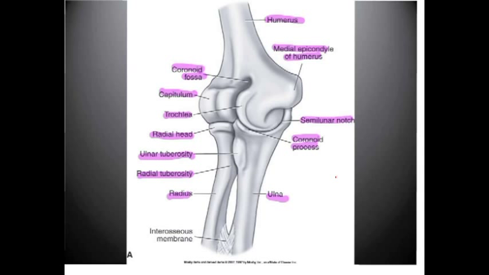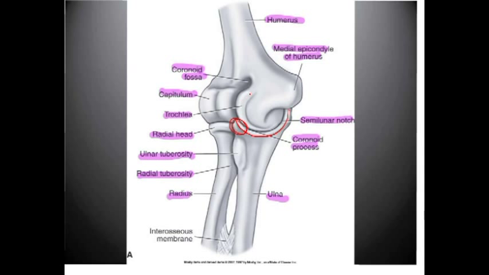So if we begin by just looking at the elbow joint in itself, we see that we have the humerus coming in, and so we're seeing the distal humerus and the proximal radius and ulna. We see the olecranon process, or the coronoid process here.